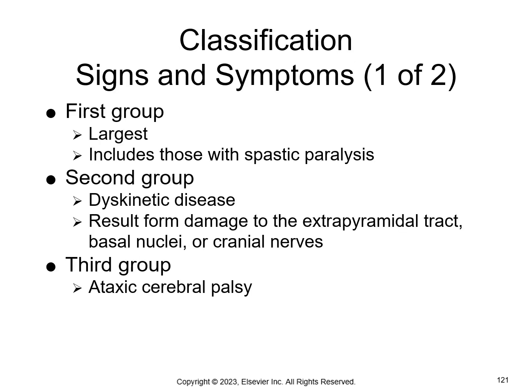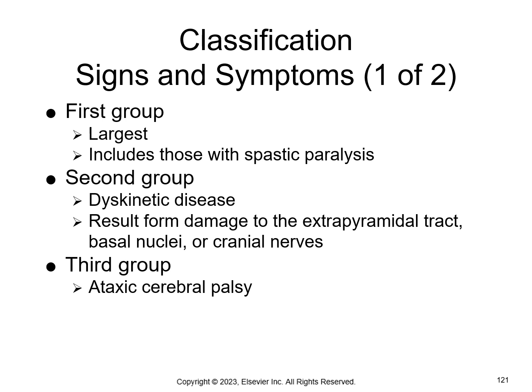It's classified into different groups, and you can see the types of classifications of cerebral palsy on page 368 in that table. The first group is the largest, and it includes people with spastic paralysis. The area of damage here is the motor cortex or pyramidal tracts, and the effects are paralysis, hyperreflexia, and increased muscle tone.